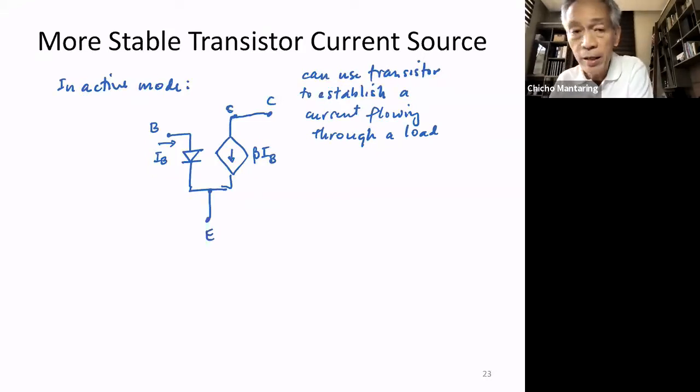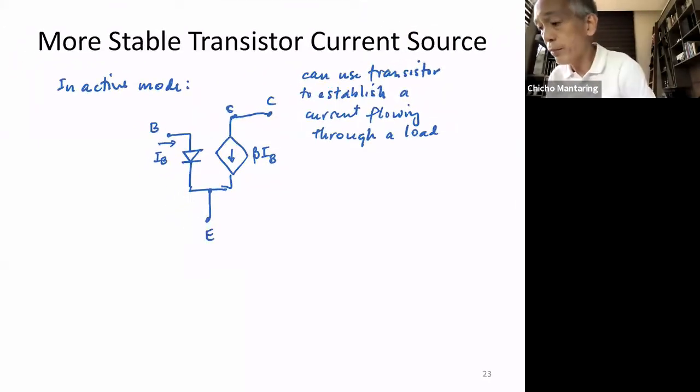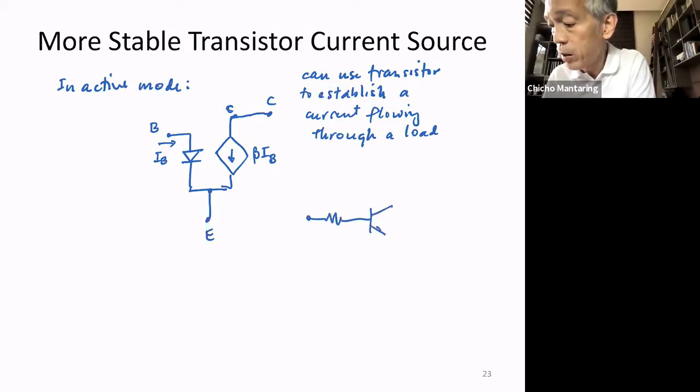Well, the simplest circuit, which we already discussed quite at length last time, is a circuit like this, where this is my load. So VCC, this is my load, RB, VI.